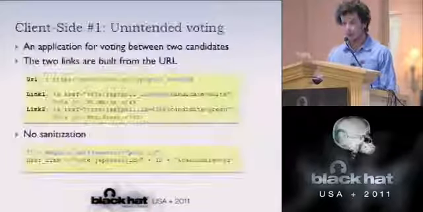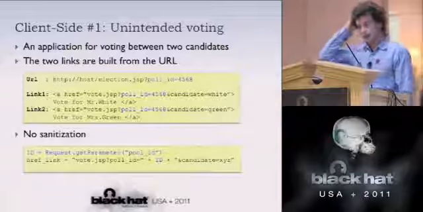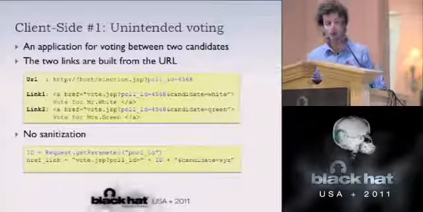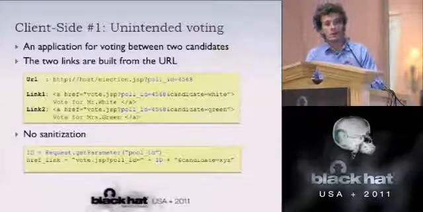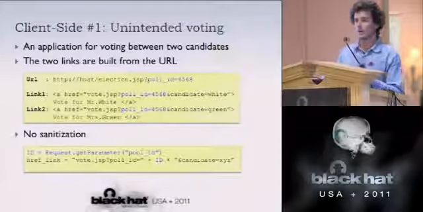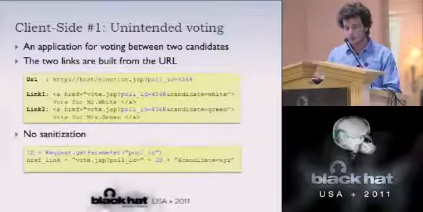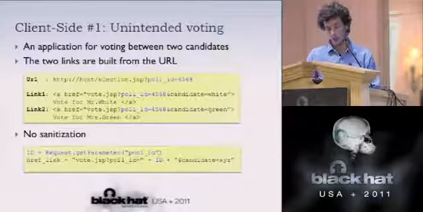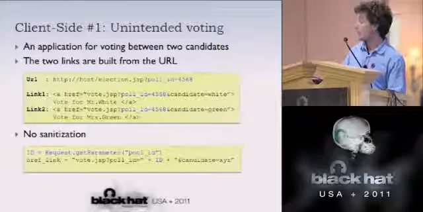So now we see 3 examples of this class of attack. The first one is what I call unintended voting. Imagine you have an application that you use for electronic voting. You have 2 candidates, one is Mr. White, the other one is Miss Green.